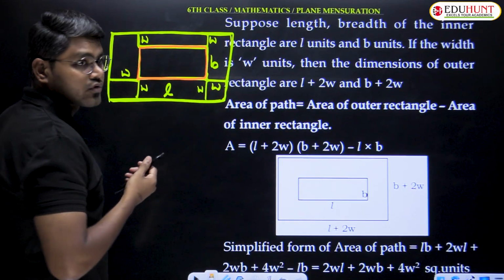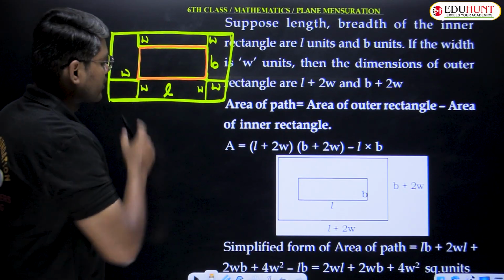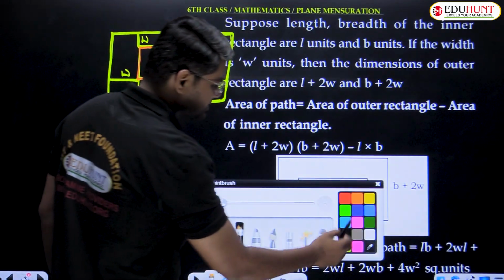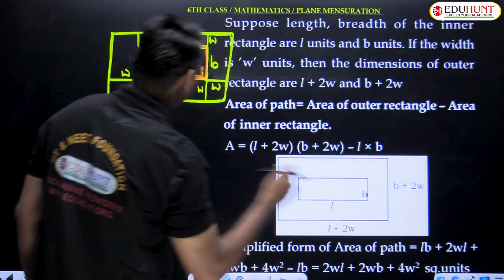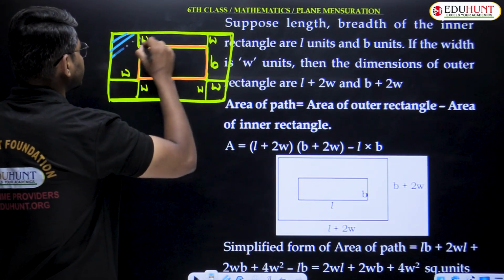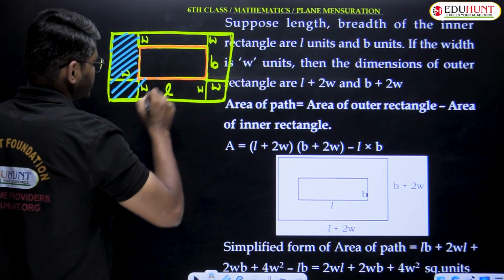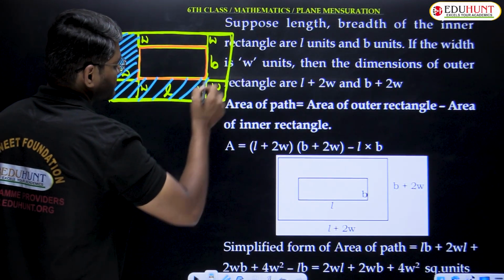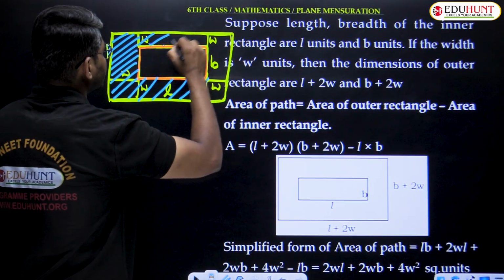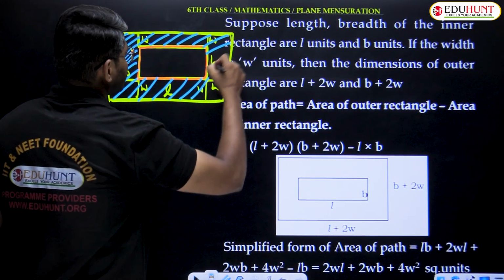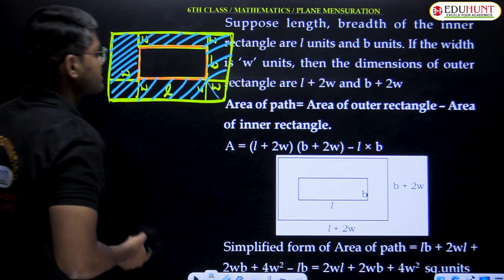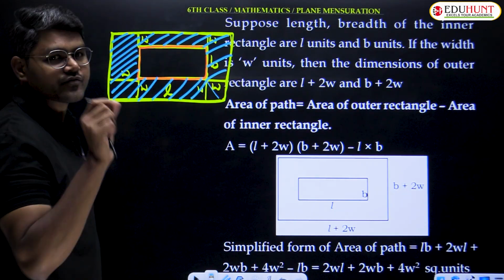Now, what we have to find? Area of the path. What is the path here? Let's see. This is the path. This is the path. This path area we have to find.